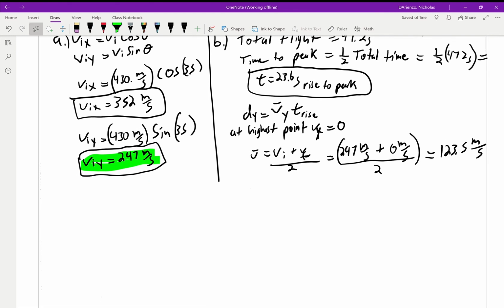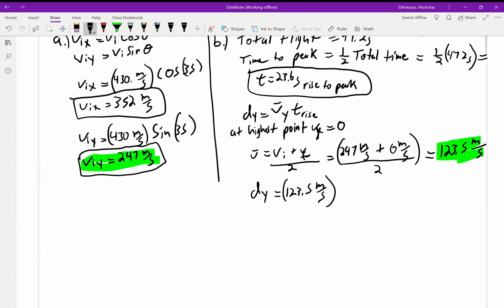Now that we have the average velocity, now we can plug this in to solve for the distance in our y. So the distance in the y is equal to the average velocity in the y, which we found to be 123.5 meters per second.